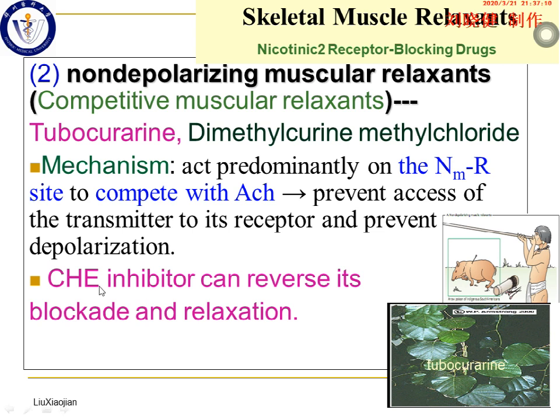So the concentration of acetylcholine increases. Acetylcholine can bind to the NM receptor in the skeletal muscle, competing to bind to those receptors. So acetylcholine can antagonize the effect of these agents. Understand? So it can reverse its blockade and relaxation.